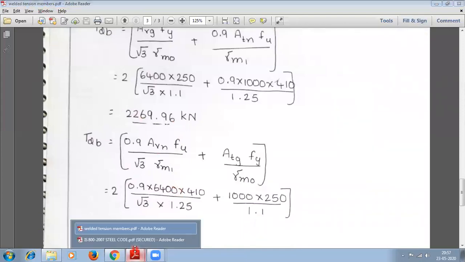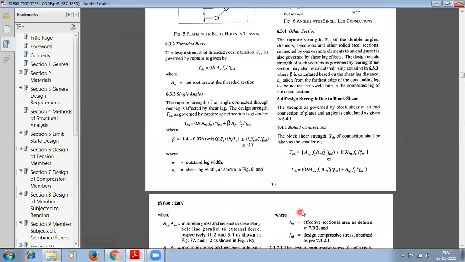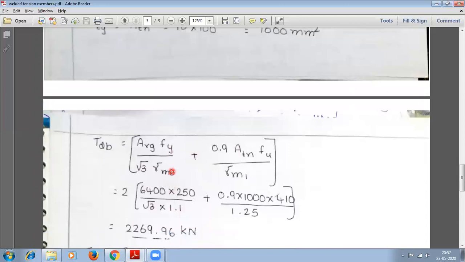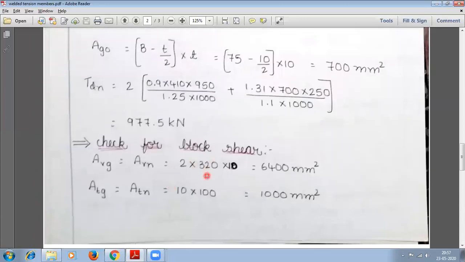This equation you will get in the code book on page number 30. TDB is equal to AVG divided by... You need to find it for both, and whichever is less of these two, take that into account. If you substitute, the least one is 2269.96. 2269.96 is for block shear.